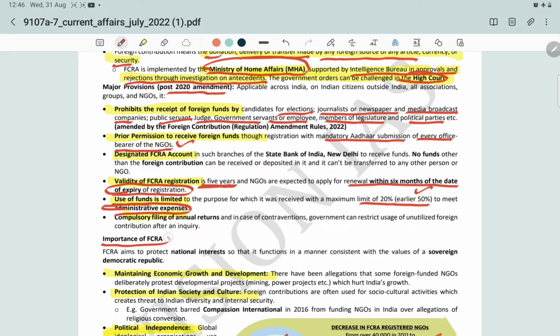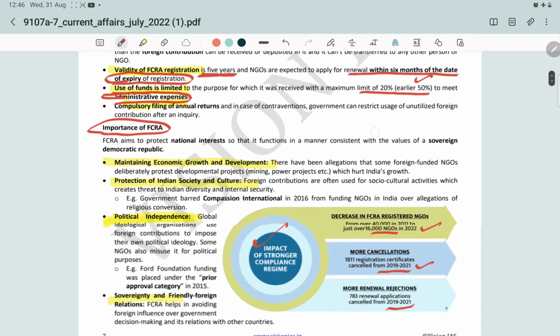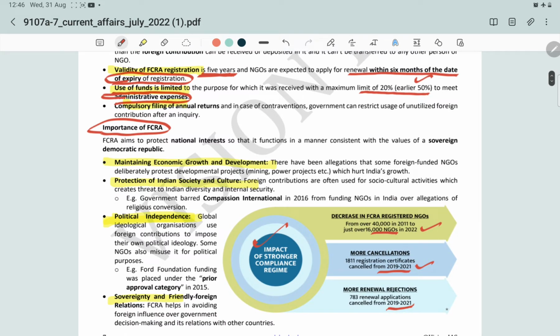What is the importance of FCRA in India? The FCRA has a huge role in maintaining economic growth and development in developing countries like India, and foreign funds are often used for socio-cultural activities which create a threat to Indian diversity and internal security. And there is also political independence. Global ideology organizations use foreign contribution to impose their own political ideology.